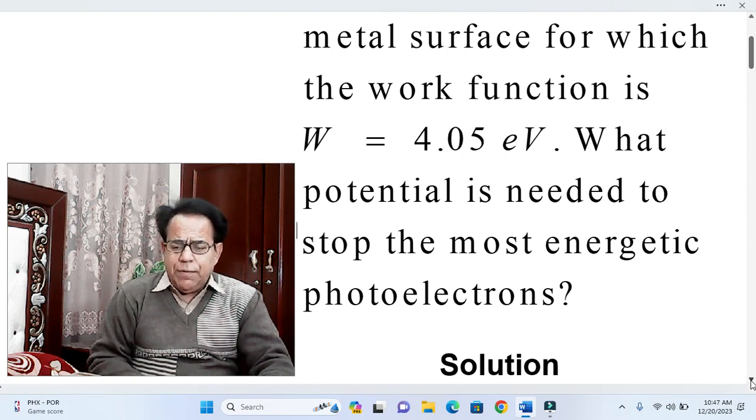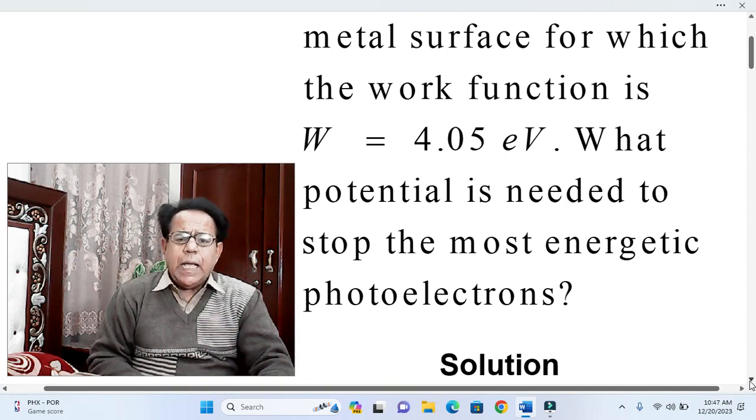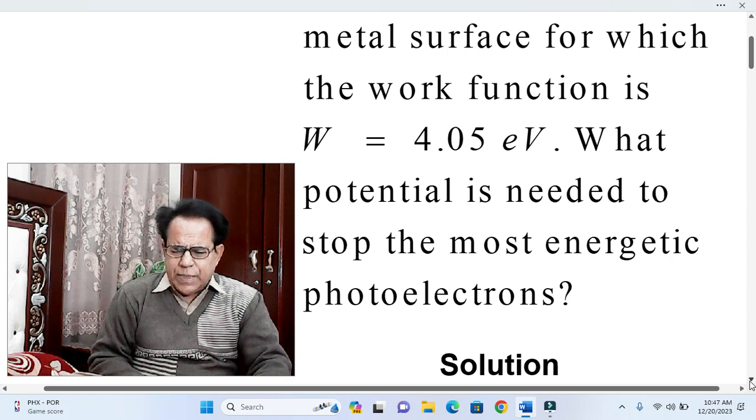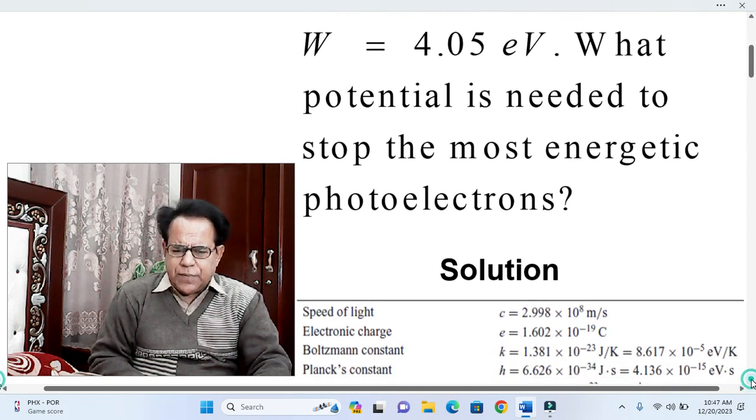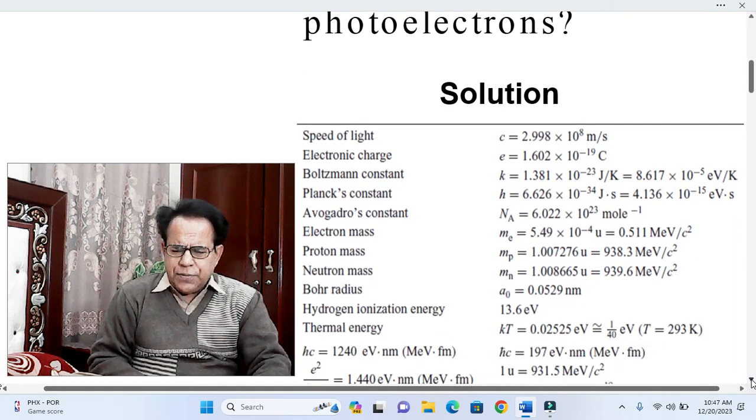Dear students, we have dealt with a similar problem chosen from the book Concepts and Applications in Quantum Mechanics by Nouredine Zettili. To some extent that problem is being repeated with different values under different circumstances.